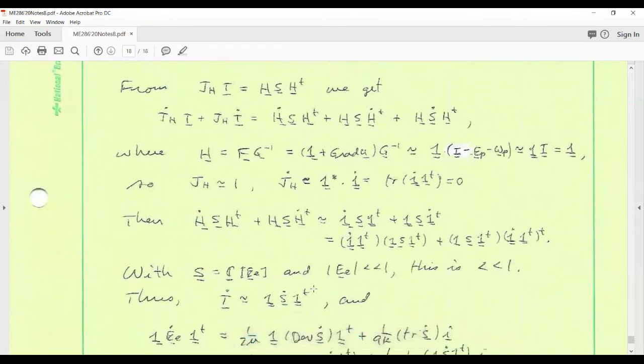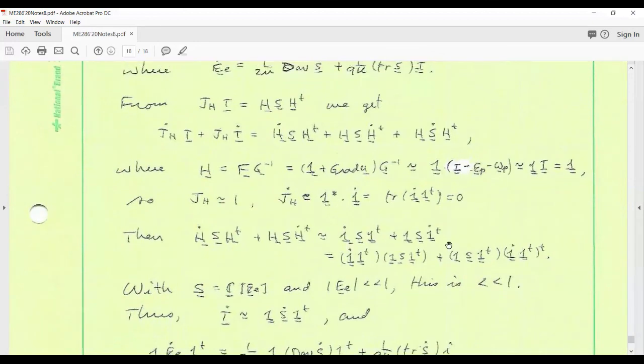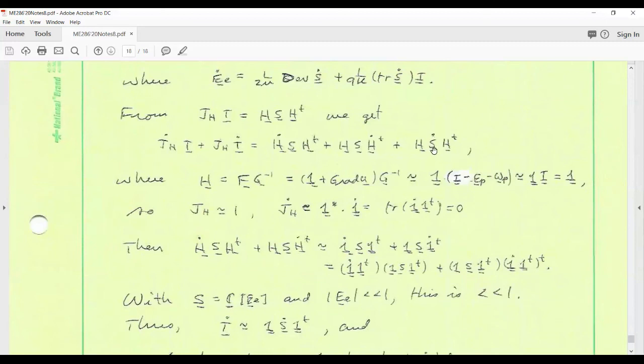The premise of the whole subject is the elastic strain is very small in magnitude. So this, being a linear function of elastic strain, would be very tiny in magnitude. S dot we don't know anything about, so we can't get rid of it.